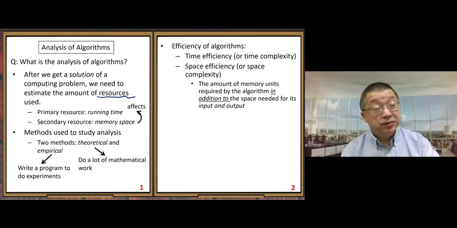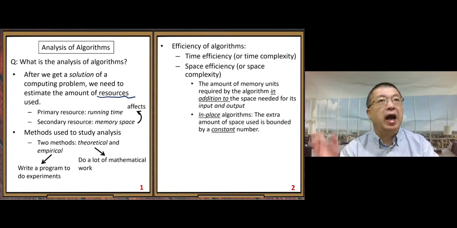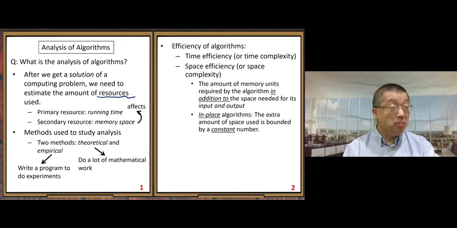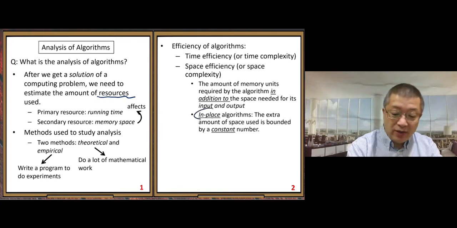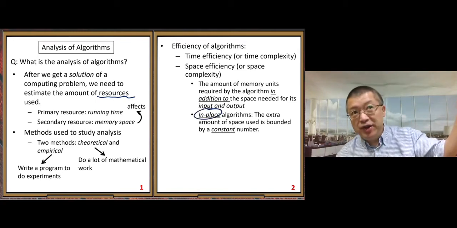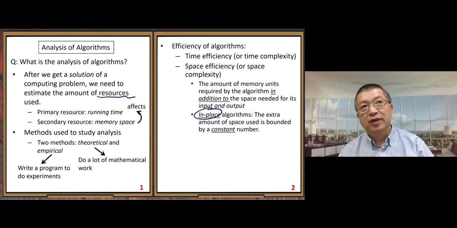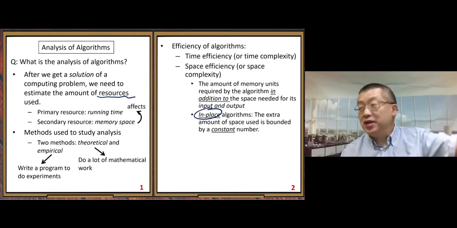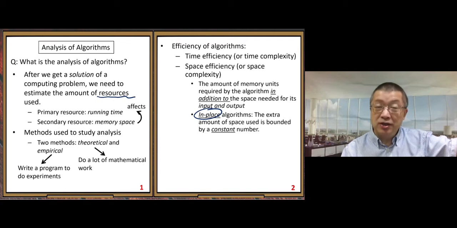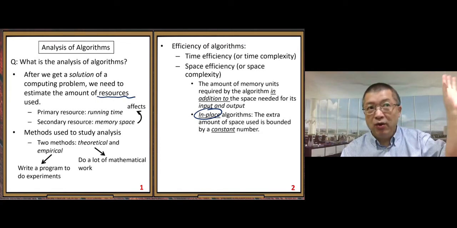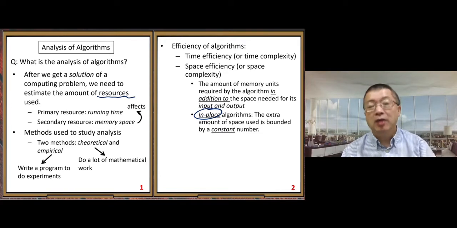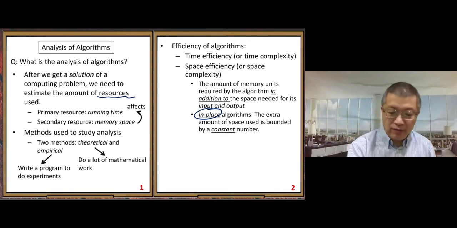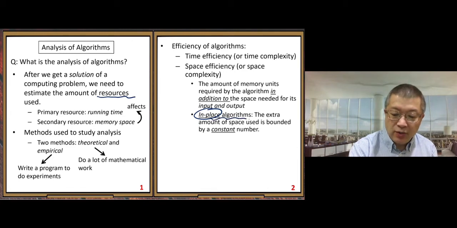Second, we have a concept we call in-place algorithms. We saw "in place" in the previous video, but that concept is different. We put one element in place, right? That's the in-place concept where you put an element in the right position when the array is sorted. But here, in-place associated with an algorithm has a different meaning.